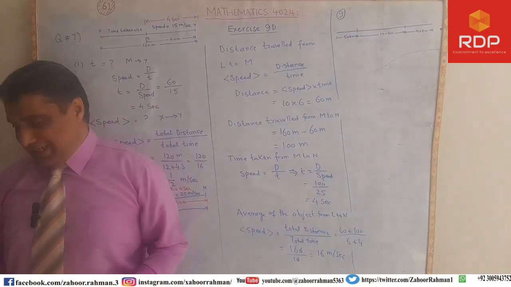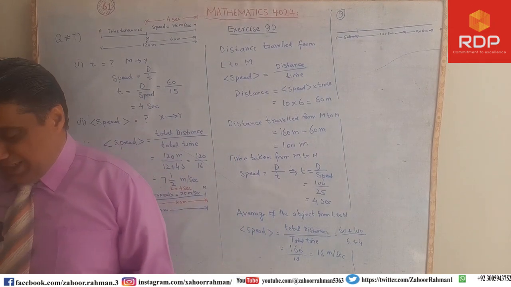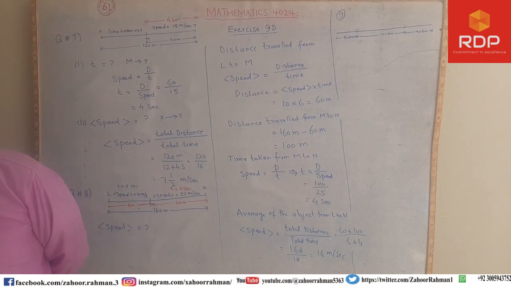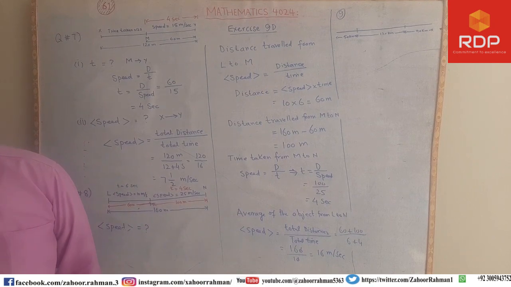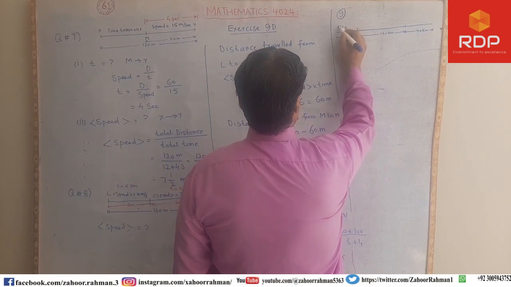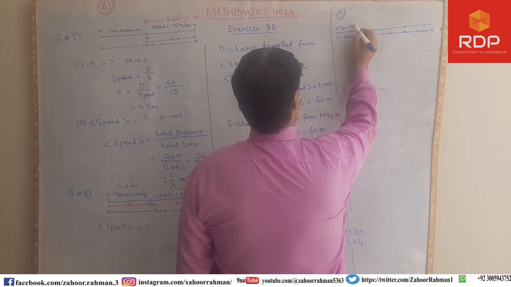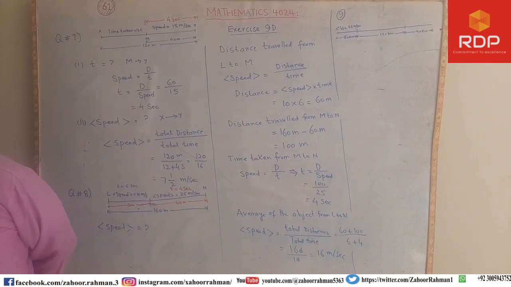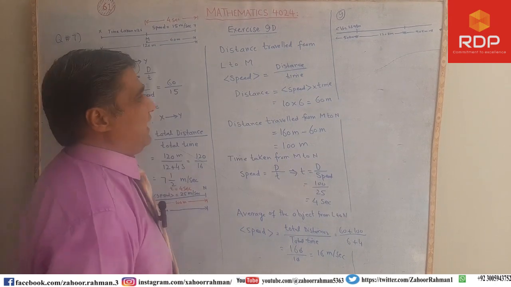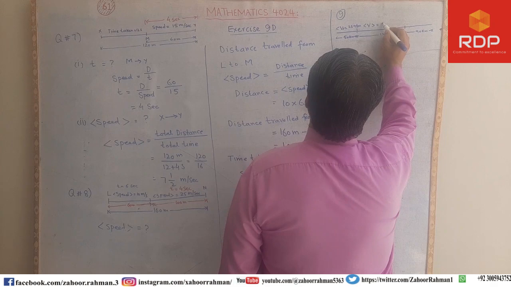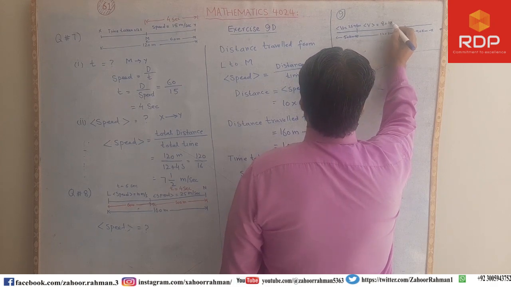The car travels the first 50 kilometer at an average speed of 25 meter per second, and the next 120 kilometer at an average speed of 80 kilometer per hour.